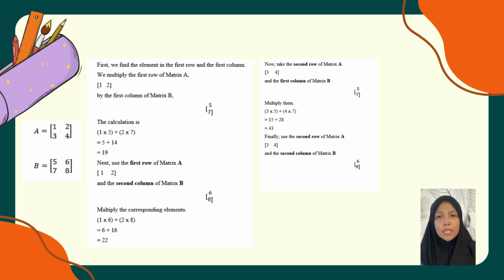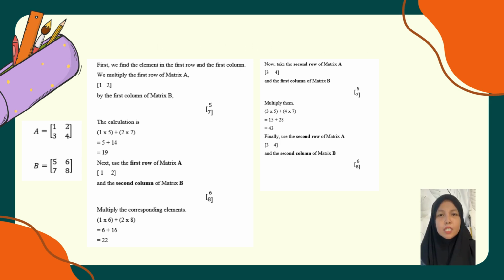Now, take the second row of matrix A, 3, 4, and the first column of matrix B, 5, 7. Multiply them. 3 multiplied by 5 plus 4 multiplied by 7 equals 15 plus 28 equals 43.